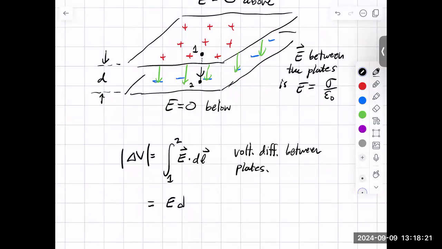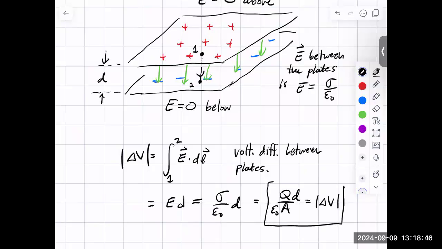I'll make this an absolute value sign. Let's not worry about the sign right now. And E is sigma over epsilon naught, and sigma is the charge per unit area. So there's a factor of epsilon naught, and there's a d here. This is the absolute value of the voltage difference across the plates.